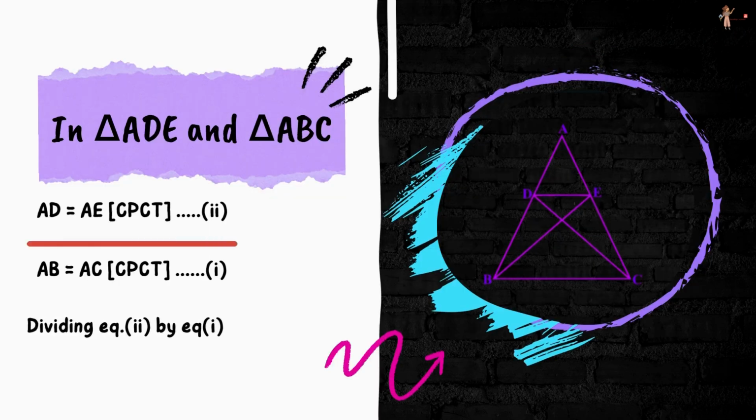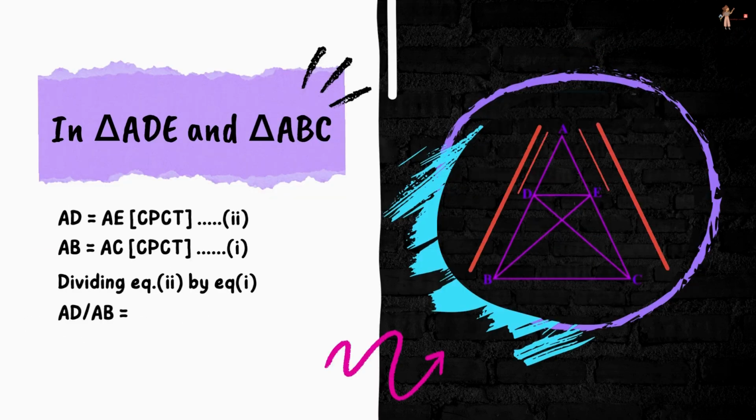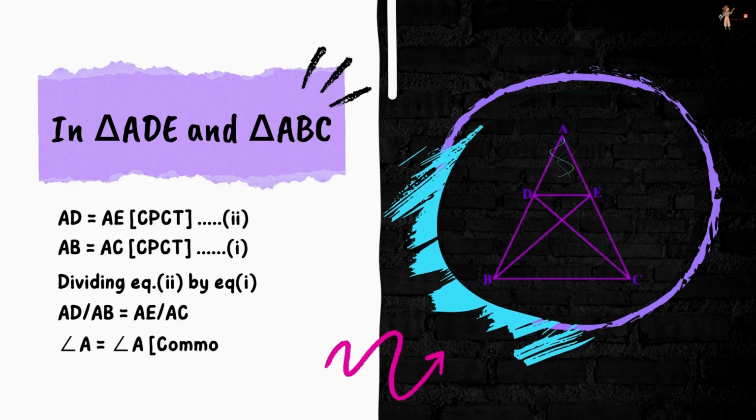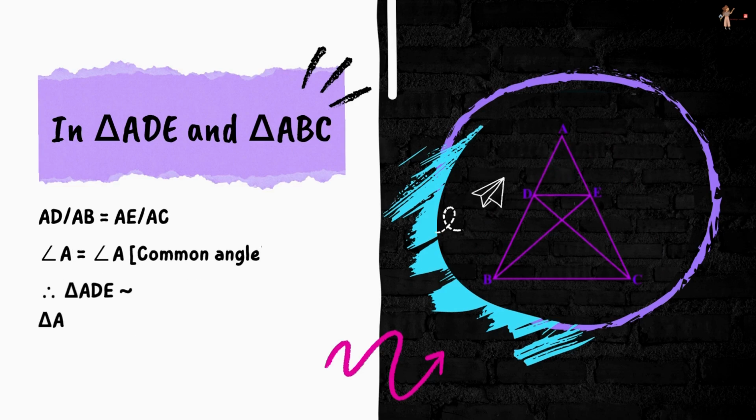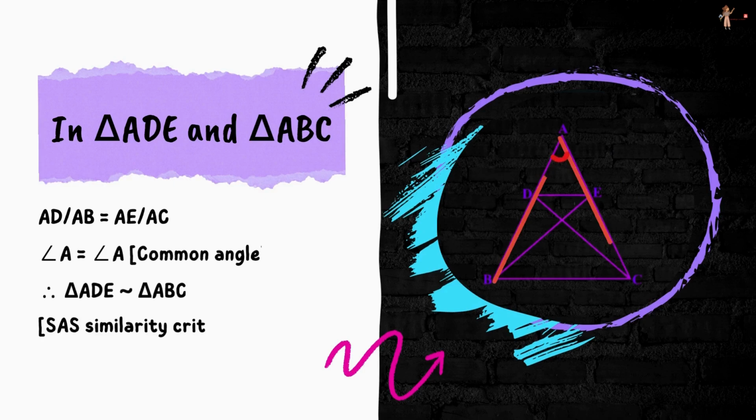Dividing equation 2 by equation 1, we get AD by AB is equal to AE upon AC. Angle A is common in both the triangles. Therefore, triangle ADE is similar to triangle ABC by SAS similarity criteria.